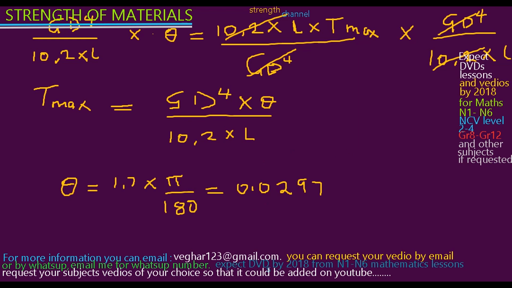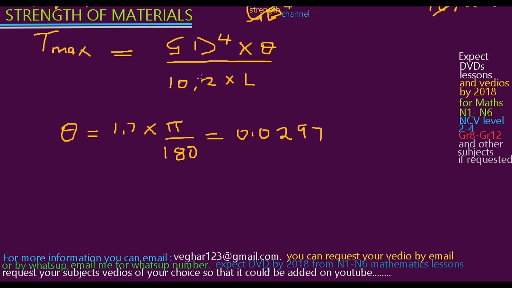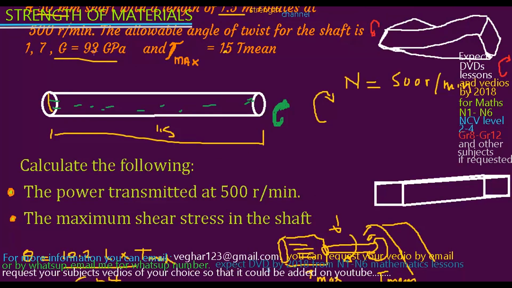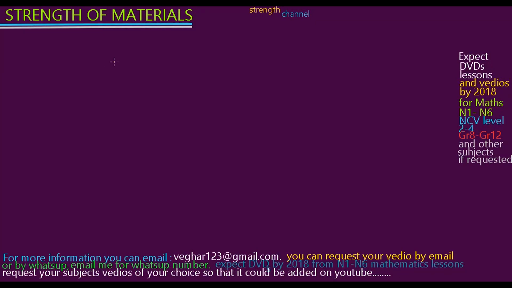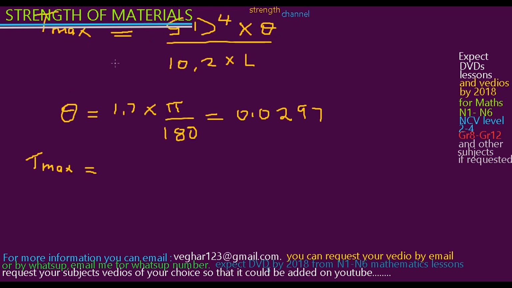So from this point we can come to this equation. You'll have something like T max equals G. We're given it as 93, 93 gig, because the unit is in gigapascals, so it's times 10 to the power 9.